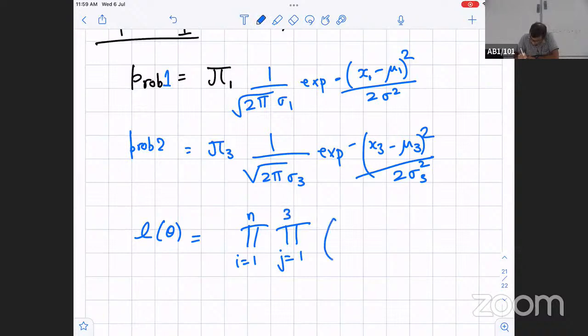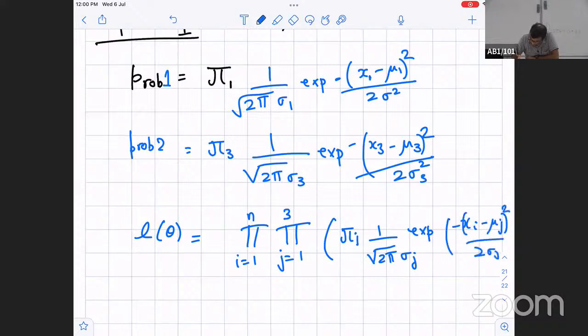Here I will look at pi j, 1 over square root 2 pi sigma j, e power minus (x minus mu j) squared by 2 sigma j. This entire thing. Is it correct if I just multiply all the j's? By the way, this pi means you are multiplying. Is it correct if I just multiply like this?